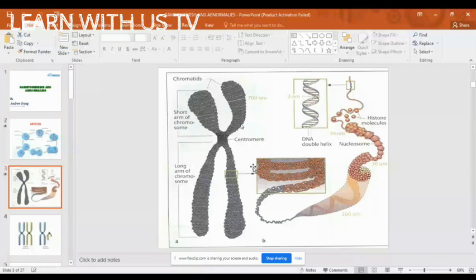And mitosis tries to ensure that these materials are accurate and in complete number, which is the 46, is it 46, right? Is it 46 chromosomes? Yes, sir, it is 46 chromosomes.